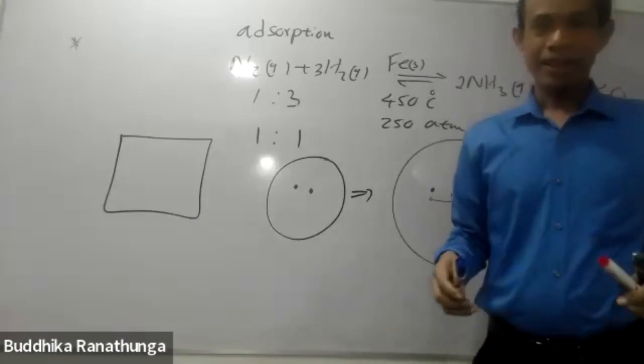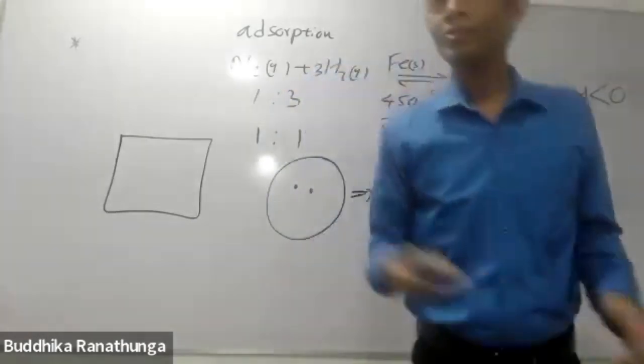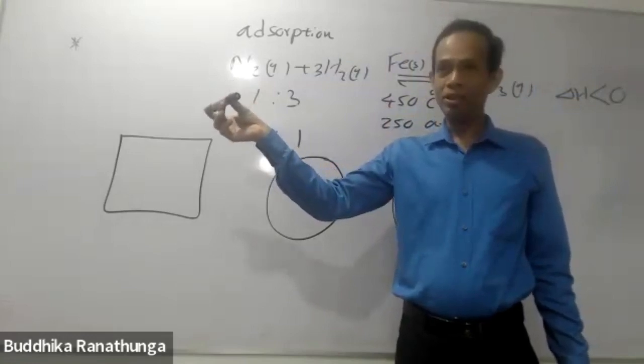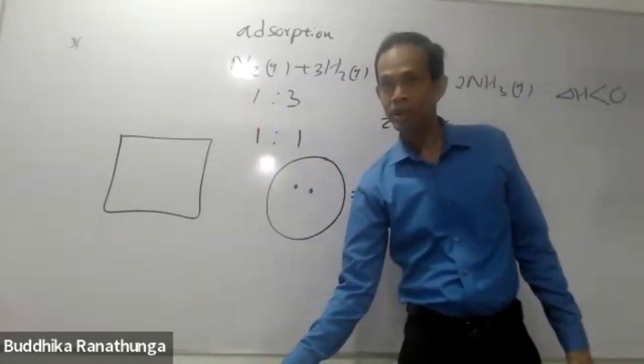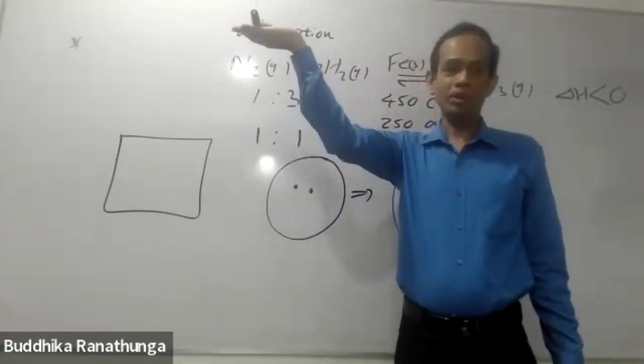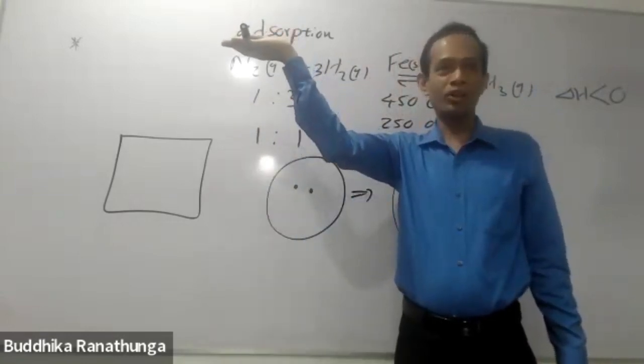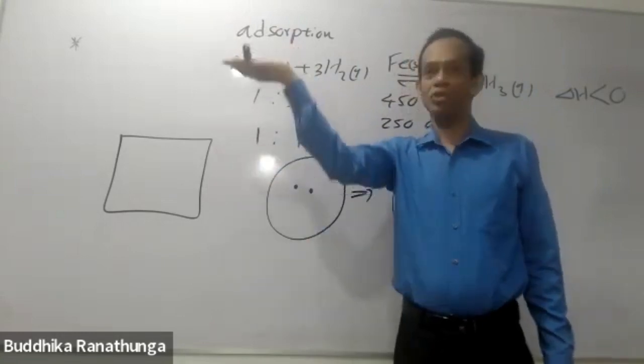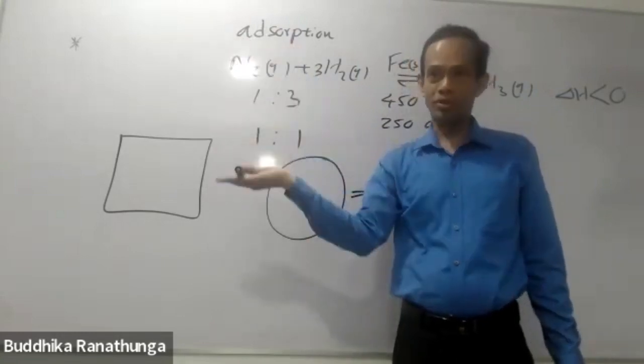Is that clear? It's like attraction on this pen towards this. If I lift this one up, it's opposite to the attractive force, right? In this case, I have to supply energy. Endothermic process.